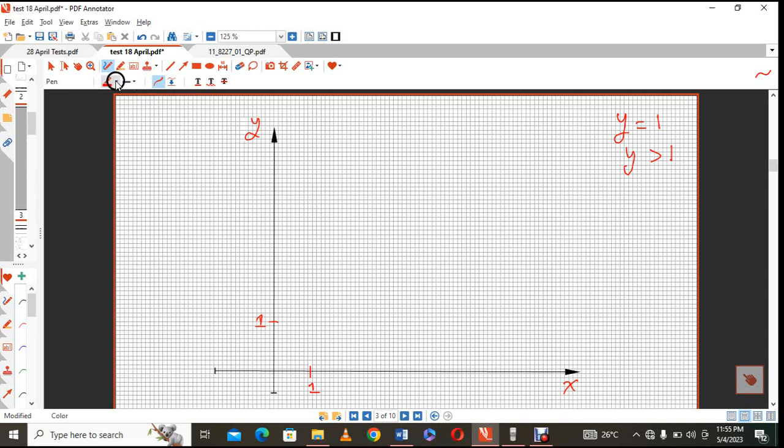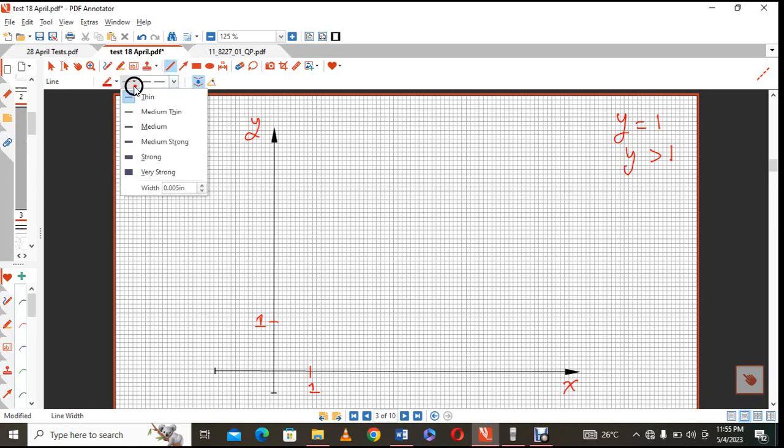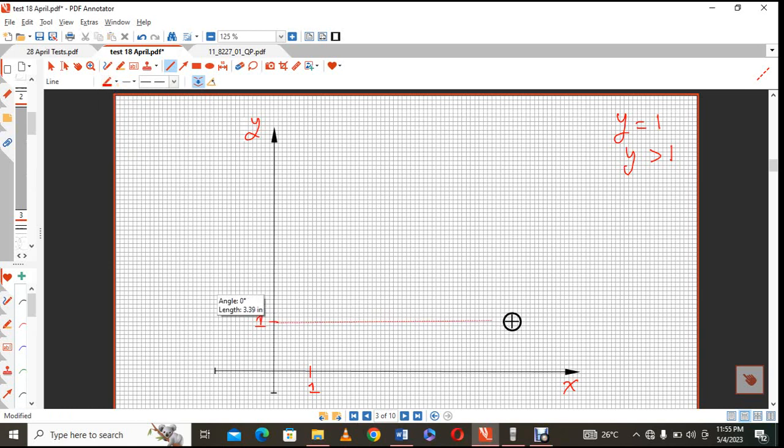Okay, so if I was to draw that line, and this is where I need you to be a little bit more careful, that line would be a dotted line. Okay, it will be a dotted line. So it will be a line that goes something like that, dotted line.